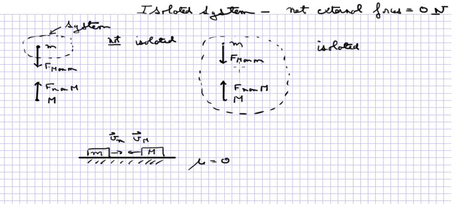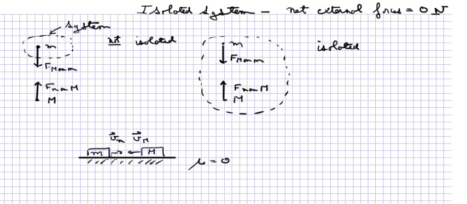Yes, there is a force acting on little m, F of big M on little m, and there is a force acting on big M, F of little m on big M. But these 2 forces are internal forces, and in fact, if you sum these 2 forces by Newton's third law, they will cancel. So this is an isolated system.